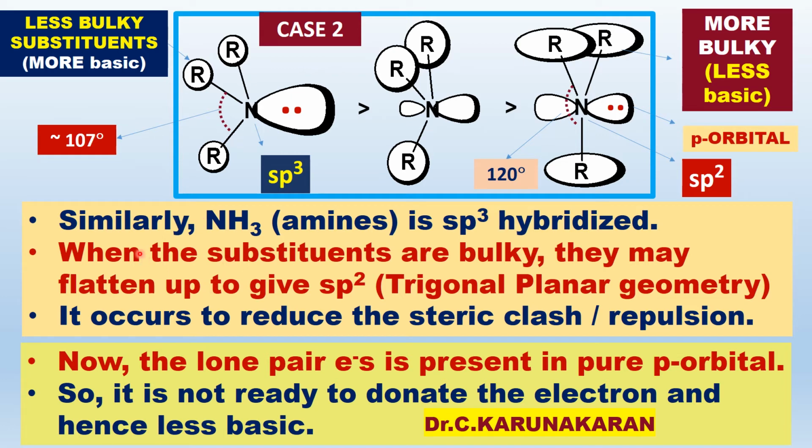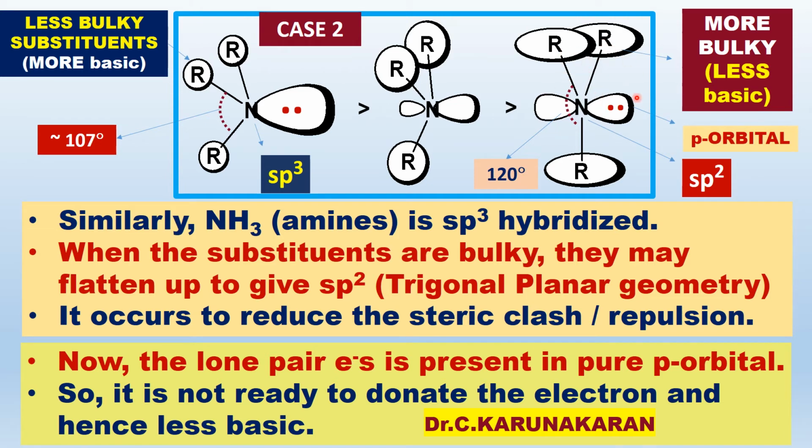Okay, let us see here. Similarly, amines or ammonia are sp3 hybridized, but when the substituents are very bulky, they may flatten up to give sp2 hybridization with trigonal planar geometry. Why does it happen?